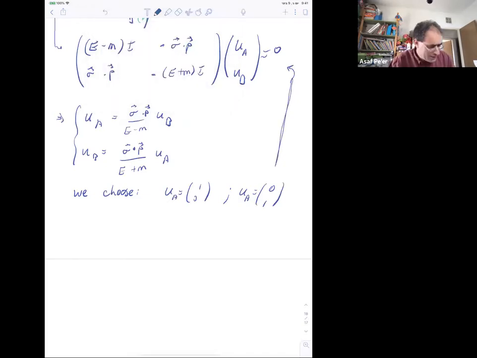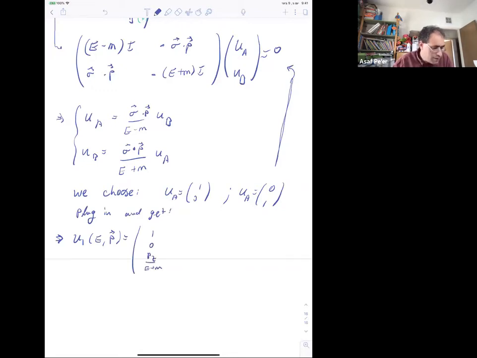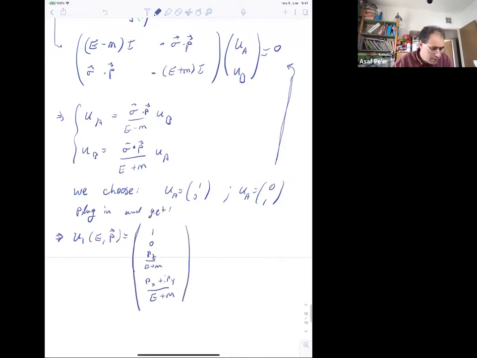It's a relativistic normalization, that's why I try to hide it under the carpet. U1 of E and P has UA equal to (1, 0), and UB gets Pz divided by E plus M and Px plus iPy divided again by E plus M. So that's the first solution.